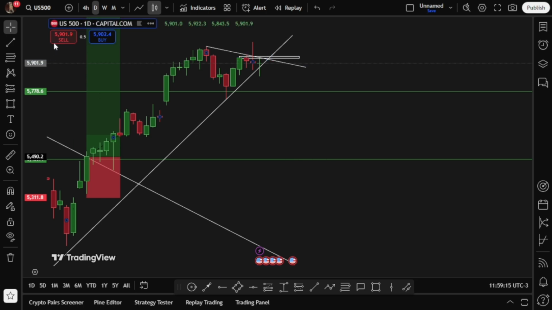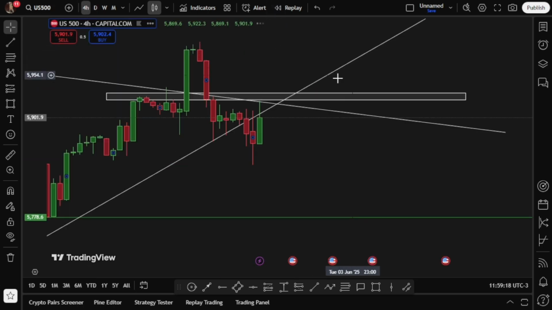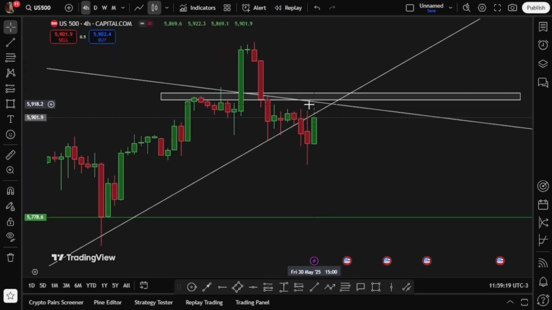So now let's go to the 4 hours time frame and look at that. I wait for price to break above these two levels with a candle close on the 4 hours time frame, and there you enter a trade and you keep your stop loss beneath this level.